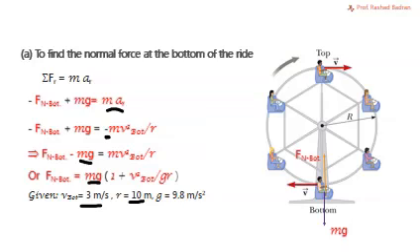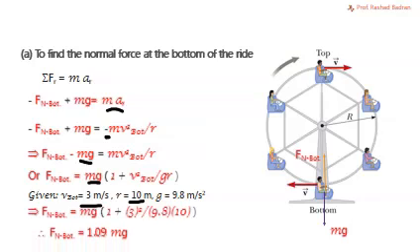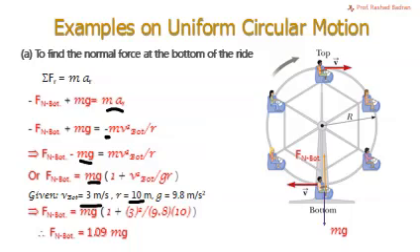That's v with 3 meters per second, and the radius of the wheel with 10 meters, in addition to the acceleration due to gravity, and the answer is going to be 1.09 mg. And this is the answer in terms of the weight of the object for the normal force at the bottom of the ride.